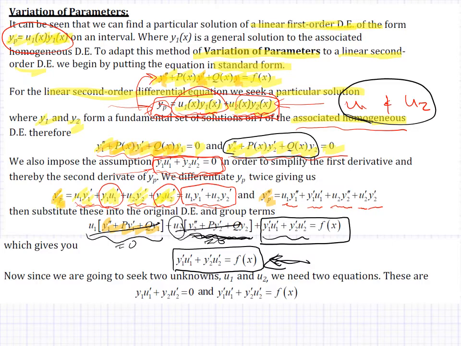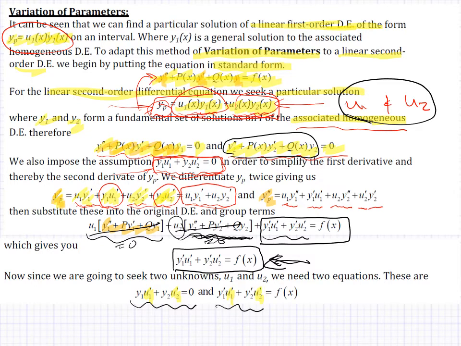I also have my original assumption that we've been working with, that restriction here. Notice both of them have u1 prime and u2 prime in them. So we can think of this as a system of equations, where it has the variables u1 prime and u2 prime.